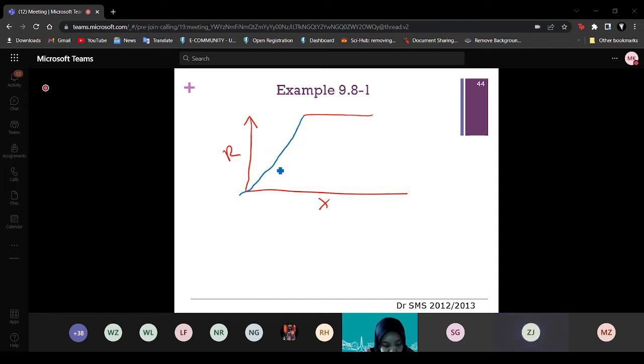Okay, this is linear, and it passes the origin. Passing the origin means that it passes the coordinate x equals 0 and 0. Okay. And then there's another case, whereby the falling is also linear, but this time it crosses the y-axis.